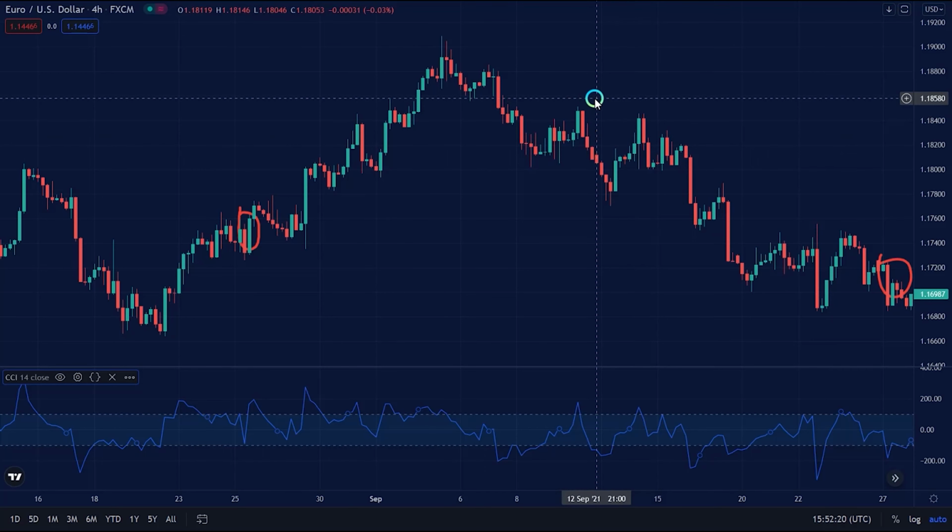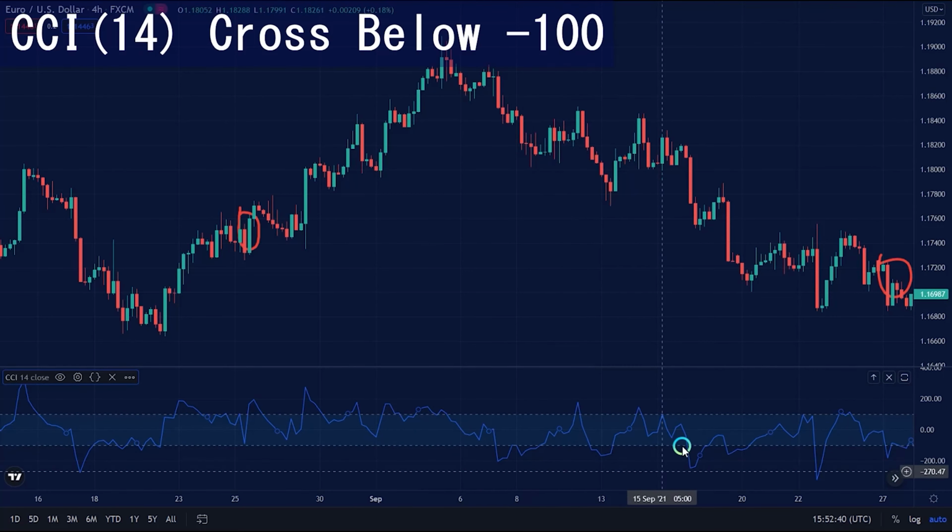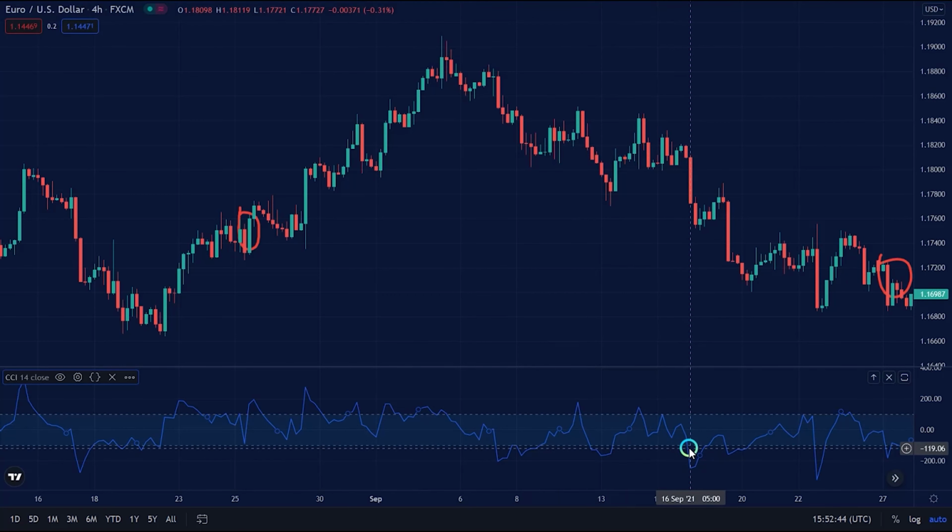And now let's see. The strategy is that when the 14 period CCI crosses below minus 100, then you can enter a sell trade. Now the same question goes here as well: how is it possible, because there is so much noise and so many crossovers on the 100 and minus 100.